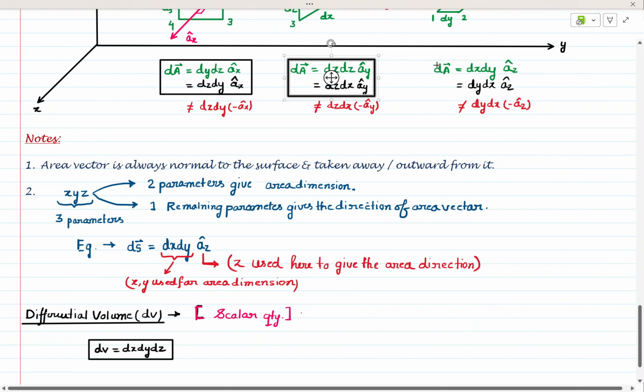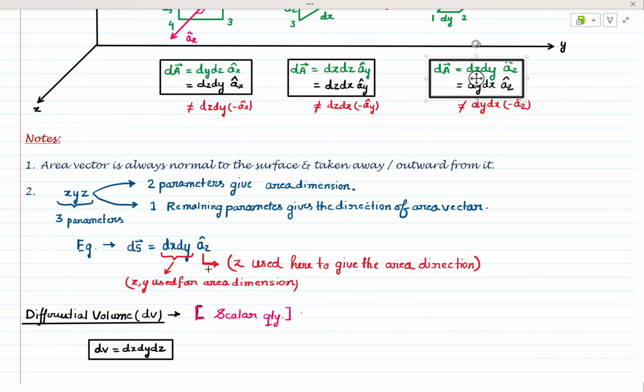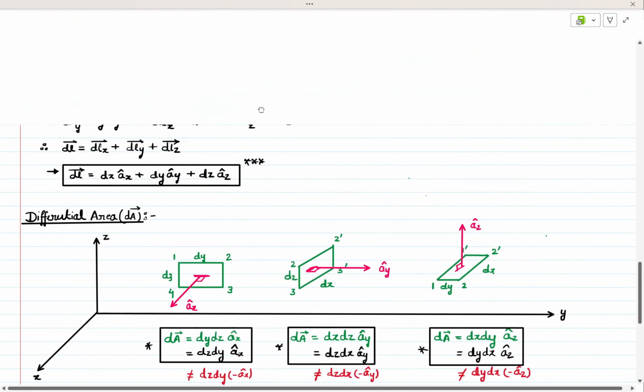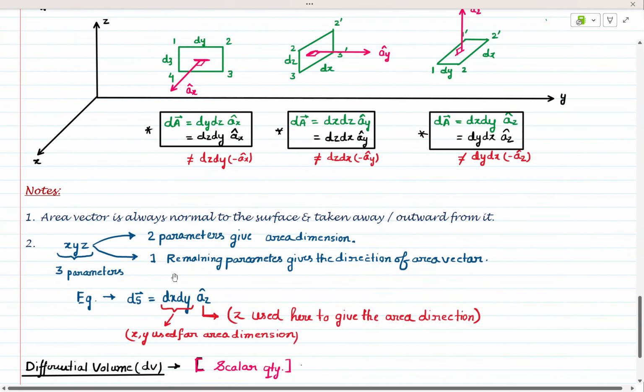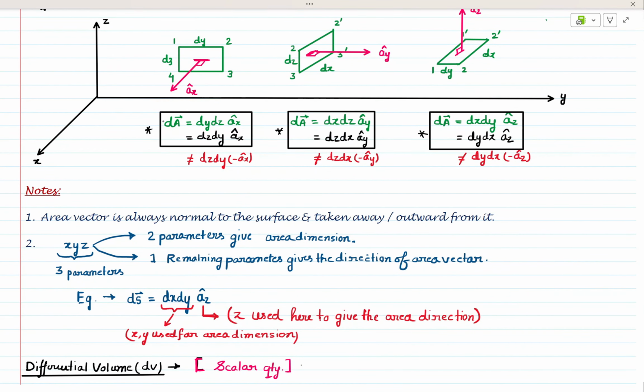Let me box these things also, because this is the main formula of the differential area and this is the formula of the differential volume. Important one. And for length I have already boxed it.